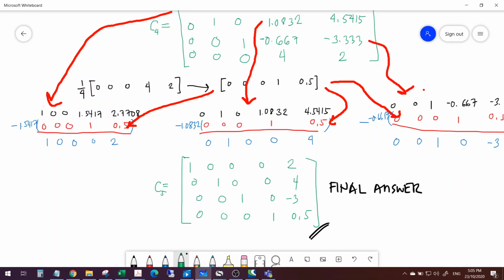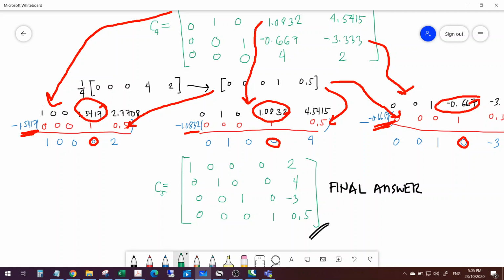Okay. Since we wanted the fourth column to be 0, we will just copy this. So that's it. Fourth column is 0, copy this here. Fourth column is 0, copy this. That's it. Then perform the subtraction.